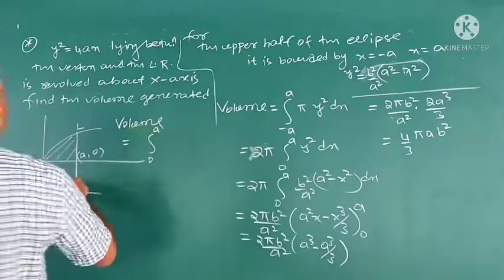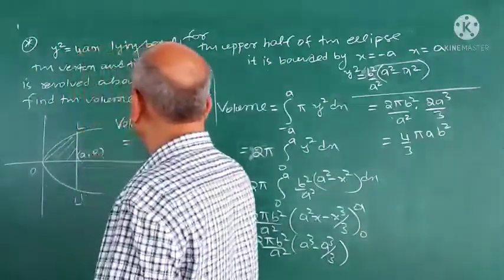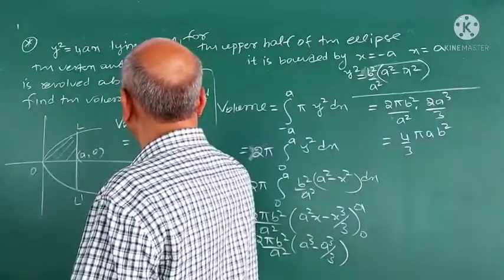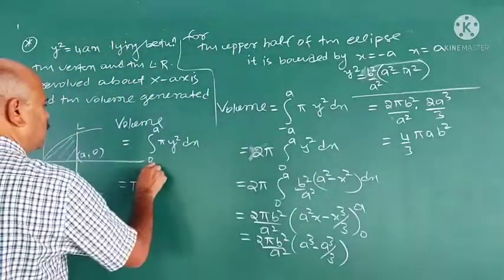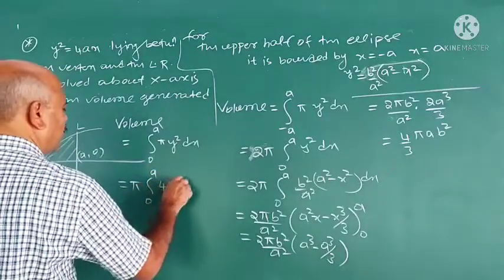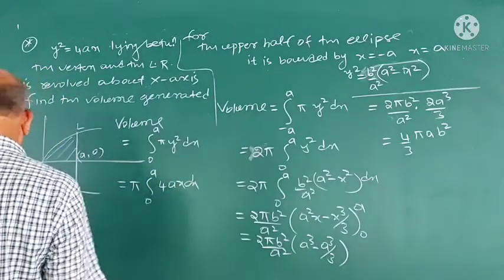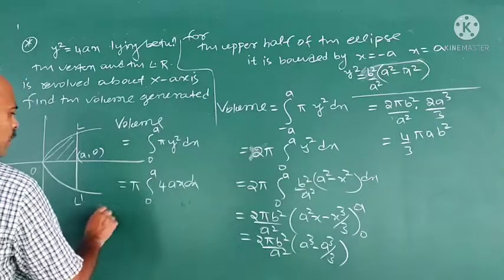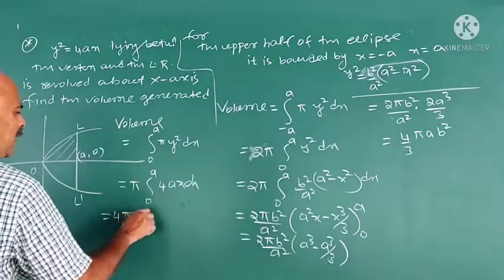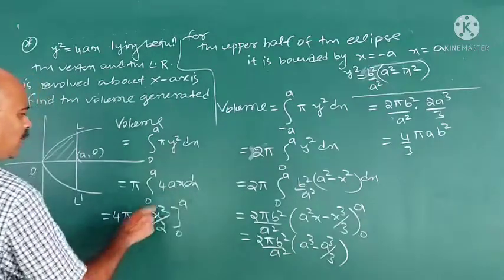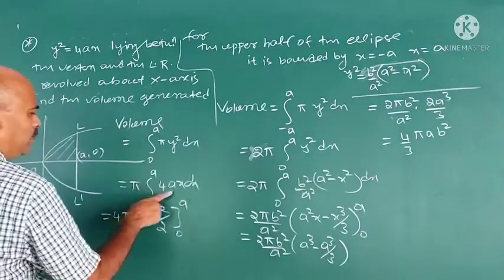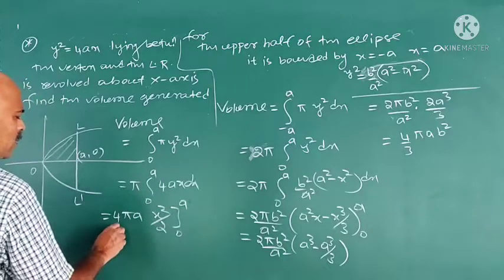Now the volume is integral 0 to A of pi y square dx. So pi integral 0 to A, y square is 4ax dx. Therefore 4 pi a into x square by 2 from 0 to A, because 4a pi is constant and the integration of x is x square by 2.